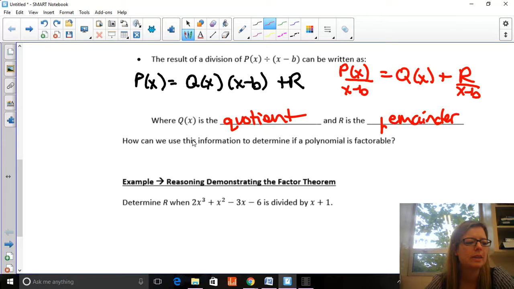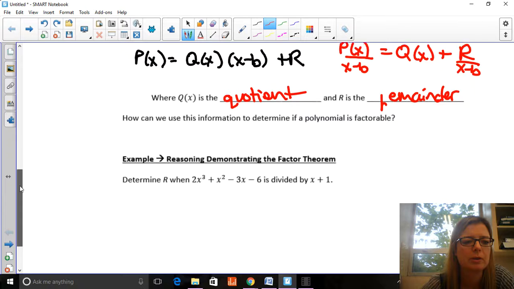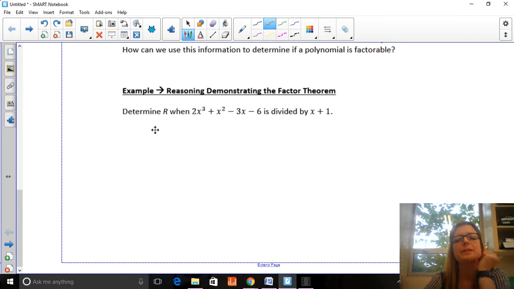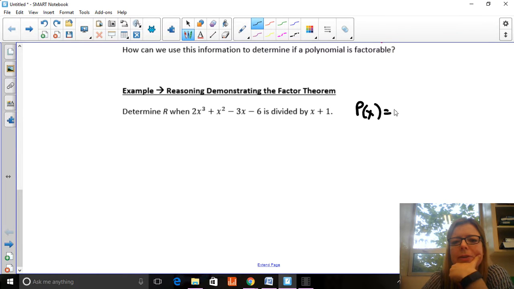Okay, so how does this help us to determine if a polynomial is factorable? Well, this example isn't going to make sense to you right off the top, but just bear with me, okay? So you might just want to watch what I'm doing and then copy it down. So if I let my p at x be equal to this polynomial, so 2x cubed plus x squared minus 3x minus 6, okay?